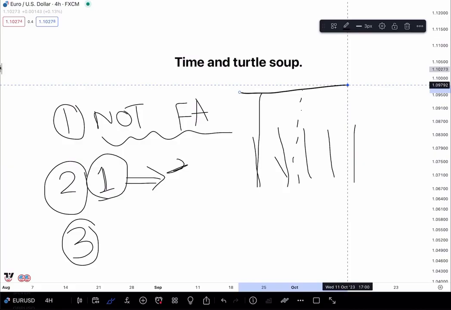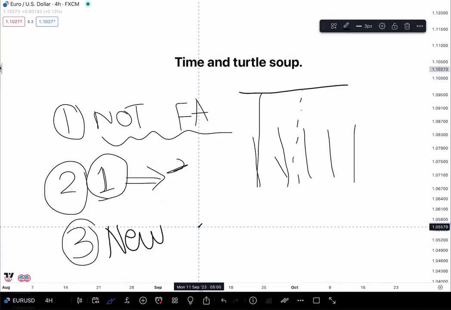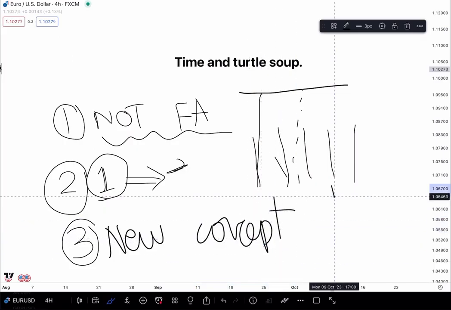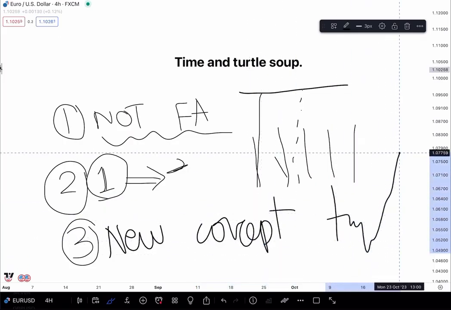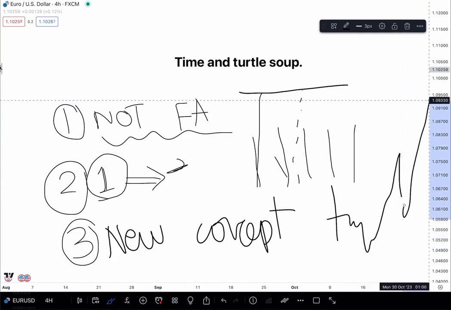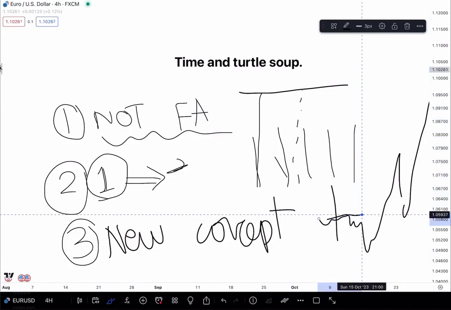Third of all, when you're learning a new concept, then you don't just go and watch it once, open, decline, rally, OTE, rally. You don't just watch it once and start putting your money on it, right? You watch it once, you watch it twice, you back test, you forward test, which is 10 times more important.